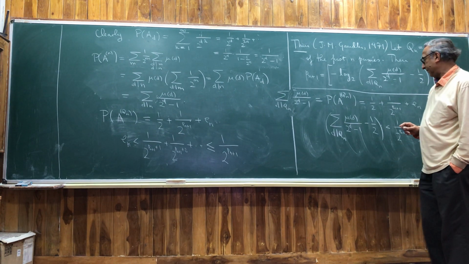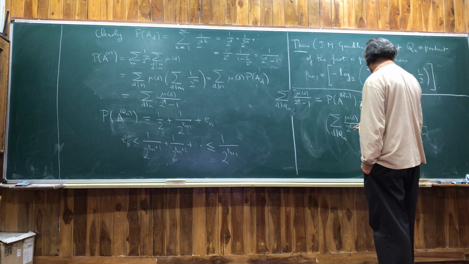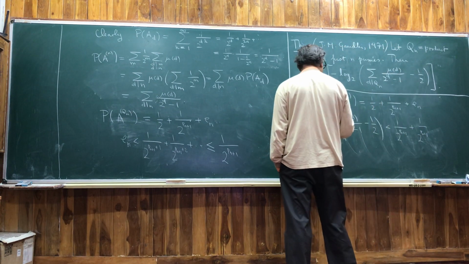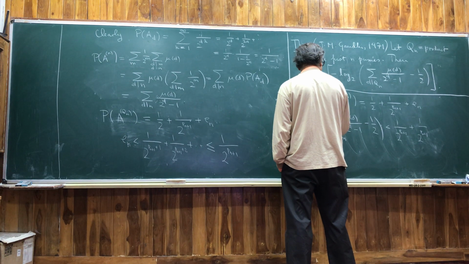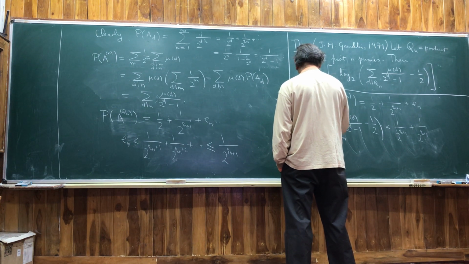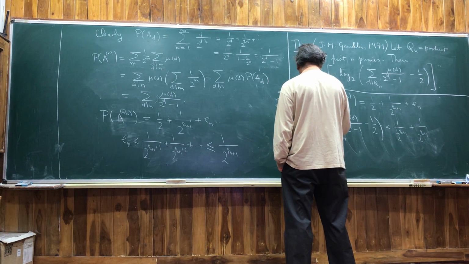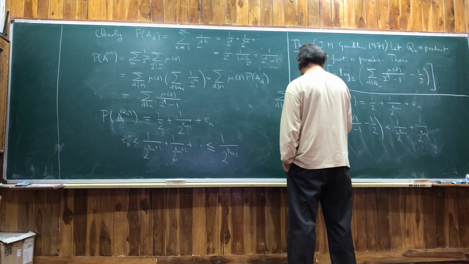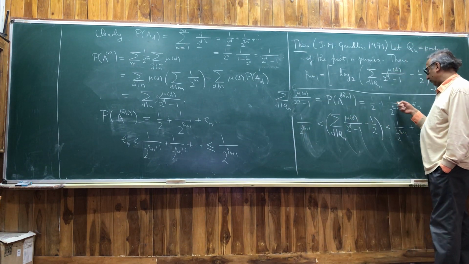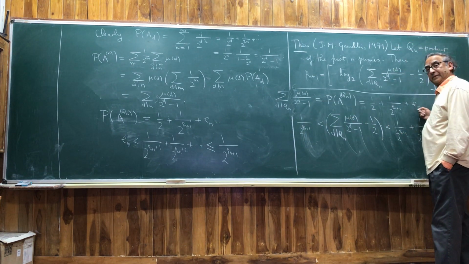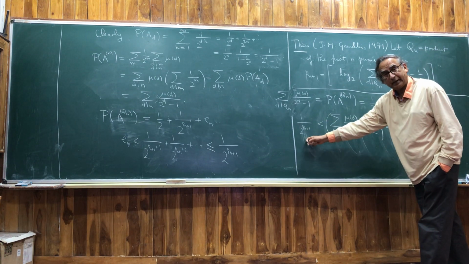But on the other hand, this quantity is also bigger than 1 over 2 to the p sub n plus 1. This difference is 1 over 2 to the p sub n plus stuff, so it's certainly bigger than 1 over 2 to the p sub n plus 1.